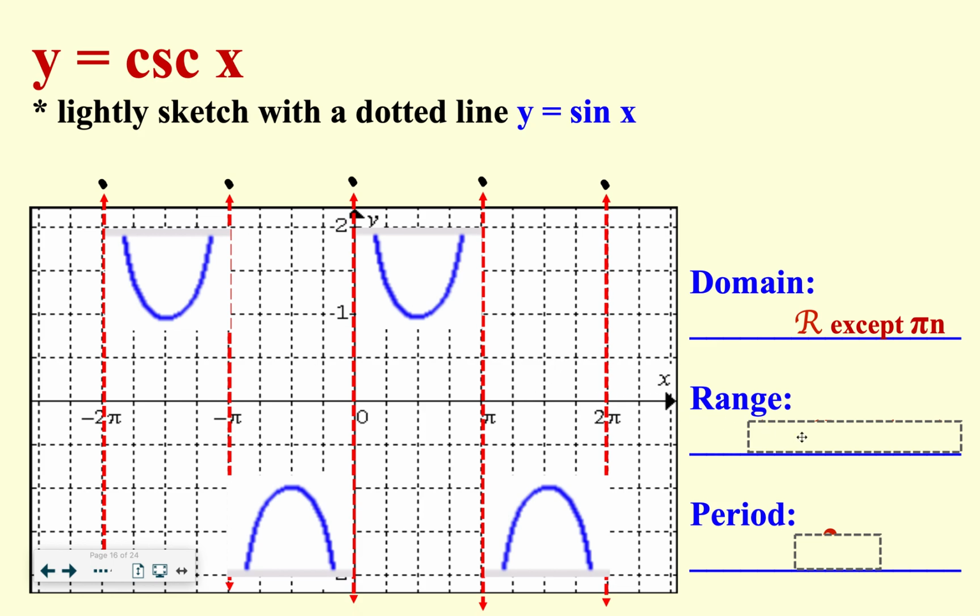Your range, be careful, is not all real numbers because there's nothing in between your max and mins here. So your range is everything from 1 to infinity and -infinity to -1, using interval notation, right? Your period is still 2 pi because it's the reciprocal of a sine wave. And if a sine wave has a period of 2 pi, so does your cosecant. So if you go from 0 to 2 pi, this piece of graph that's going up and down, that creates one cycle. So I actually have 2 cycles graphed here.